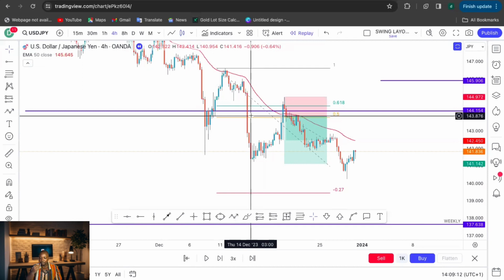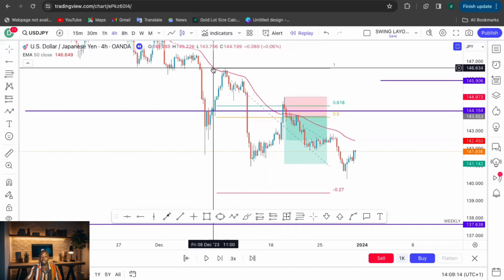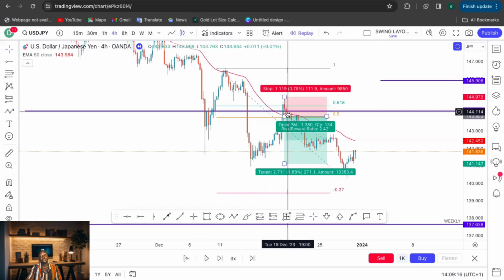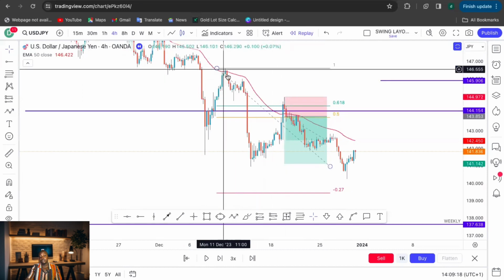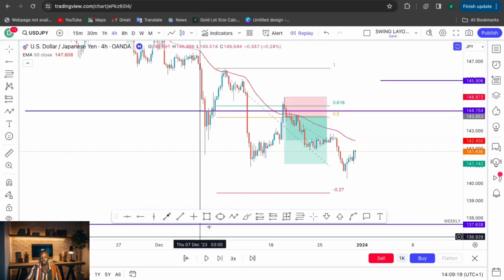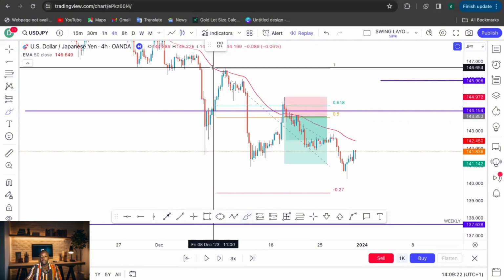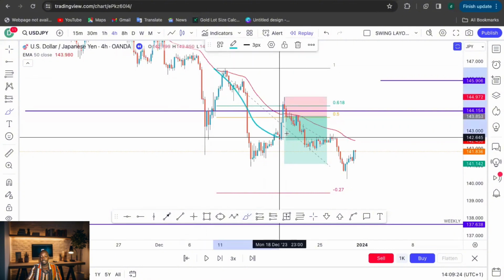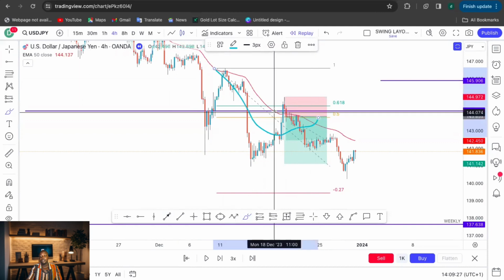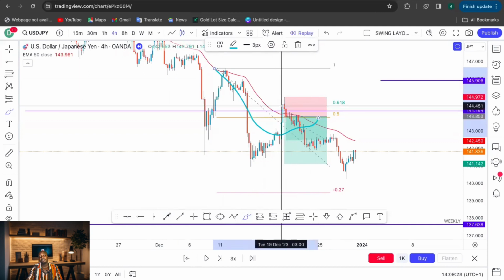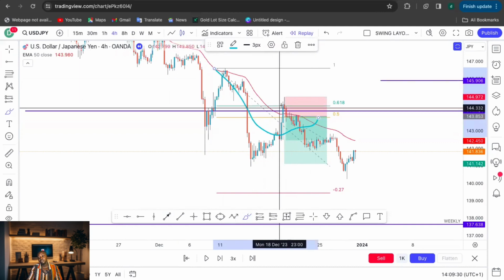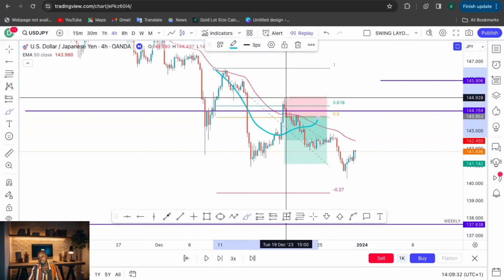Now, even if this indicator had come and it was not rejecting this area, if the indicator had come, let me use this drawing tool, and the indicator was somewhere here, but this market was doing this thing here, I will still enter. I will not say because the indicator is here, the indicator is doing this, I will not enter my trade. I will enter.